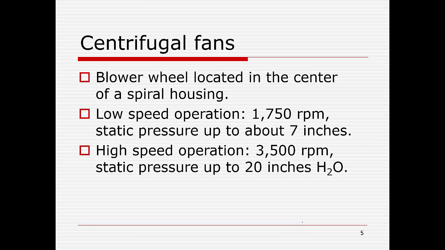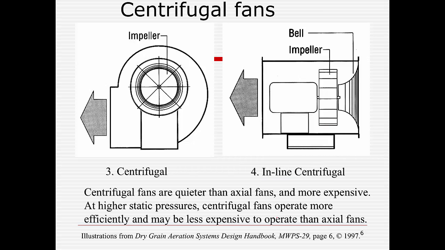The centrifugal fan, or the squirrel cage fan, changes the flow direction; it's perpendicular. And your pressures can go anywhere from 7 to 20 inches or even higher of water column. So here is the centrifugal.